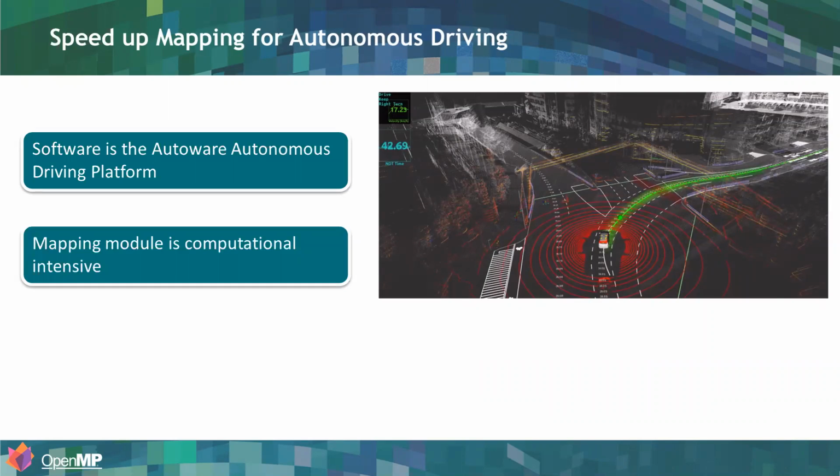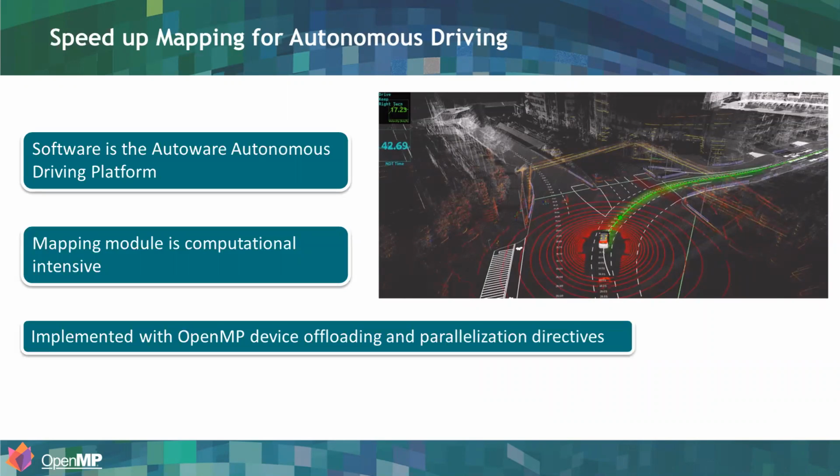This is the module where the data coming from the cameras is analyzed in order to figure out where the vehicle is actually sitting. This has been implemented with OpenMP device offloading and parallelization directives. You can imagine in the car, you're not going to put an SMP system.